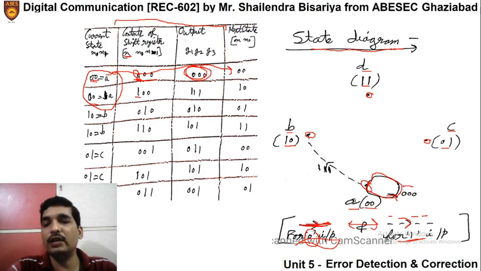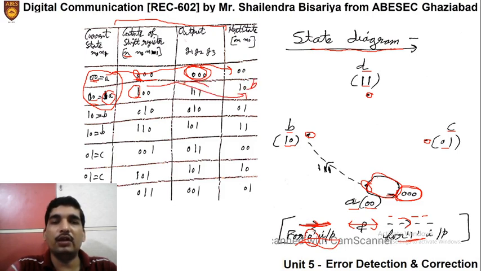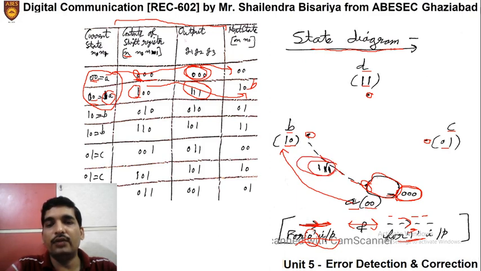Similarly, from state A, if the current input is 1, it will move to state 10, that means state B, with the corresponding output 111. So we will draw a dotted line for input 1, moving from state A to state B with the corresponding output 111.